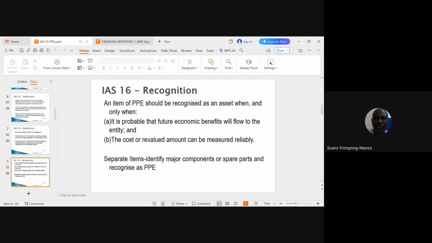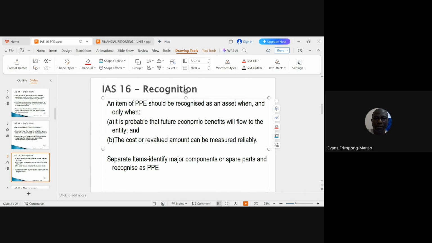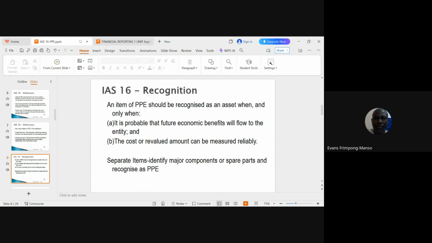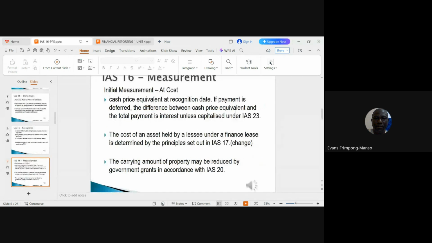So when these 2 conditions are satisfied, then we can recognize the property, plant, and equipment on the financial statement.